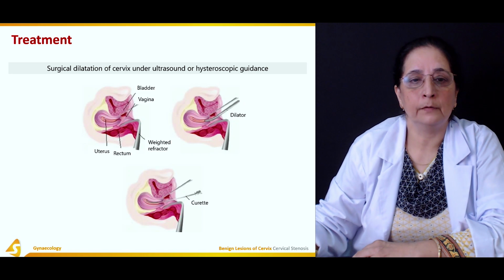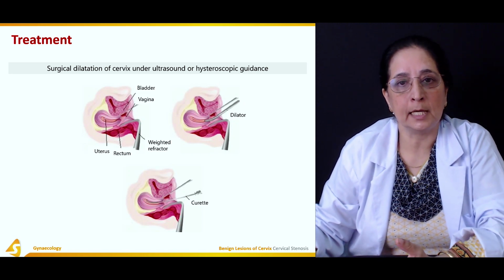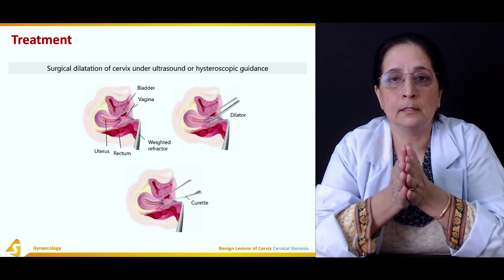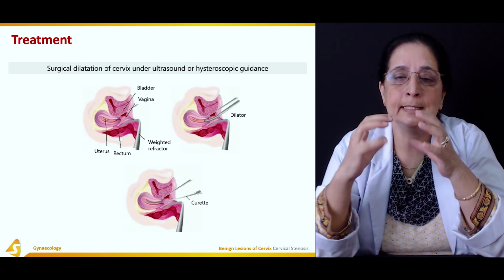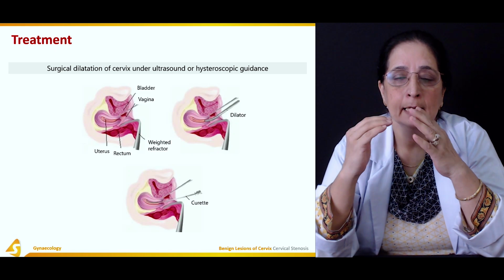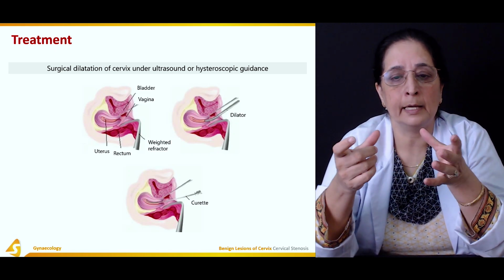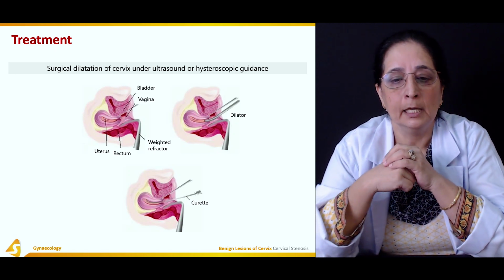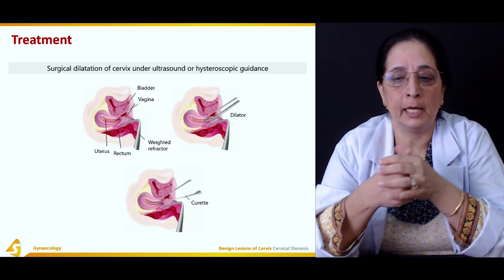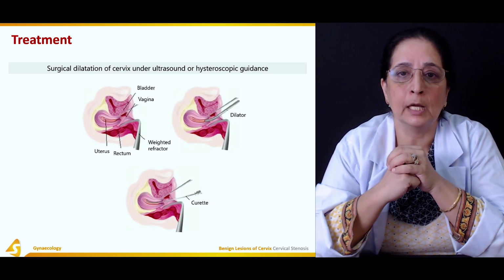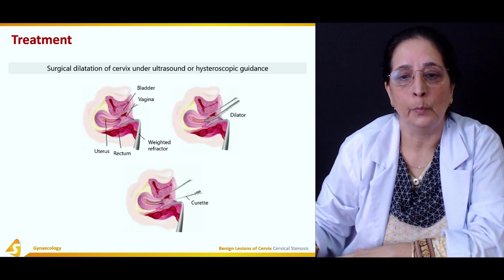Next, treatment of cervical stenosis. As the name shows, stenosis is the narrowing of the cervix. So treatment basically depends on the dilation of the stenosis, and that is done by dilation and curettage. Dilators are used to dilate the cervical opening.